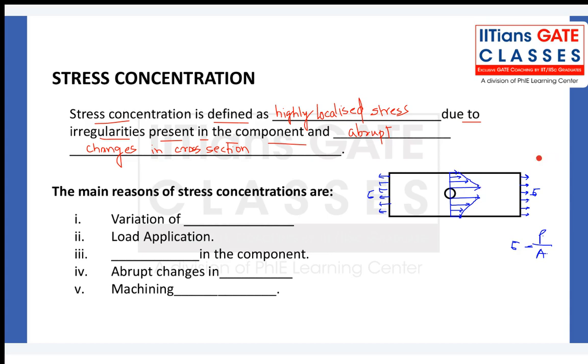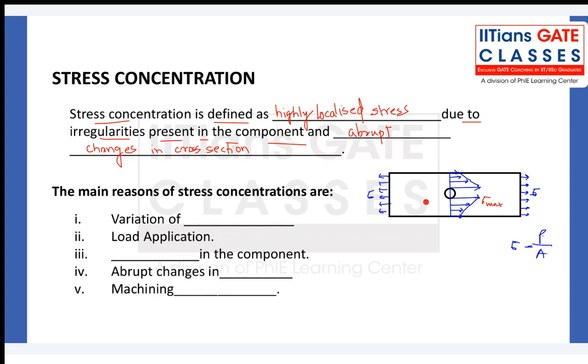So this is nothing else but the maximum stress. This is what I call highly localized stress due to the presence of irregularity. And the irregularity present here is an abrupt change in cross section.